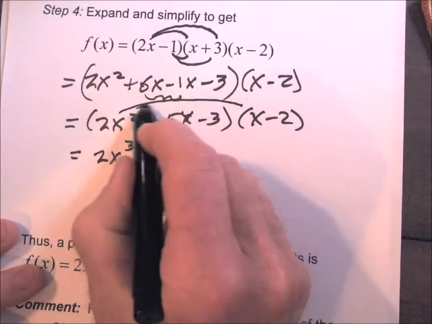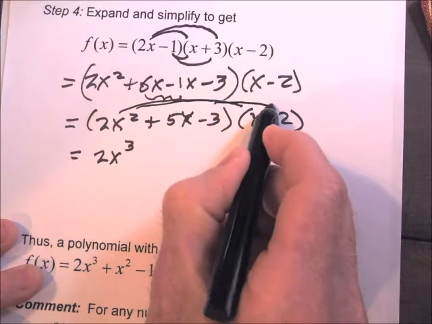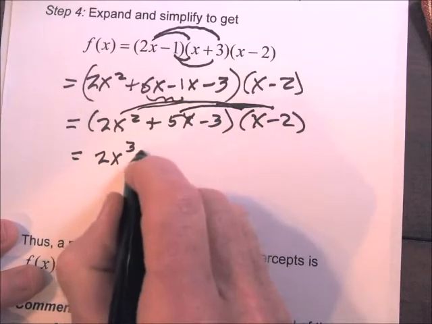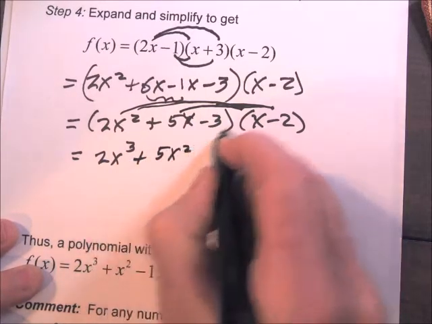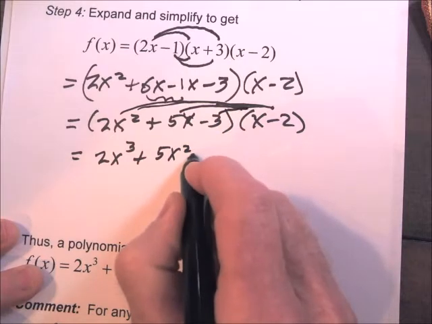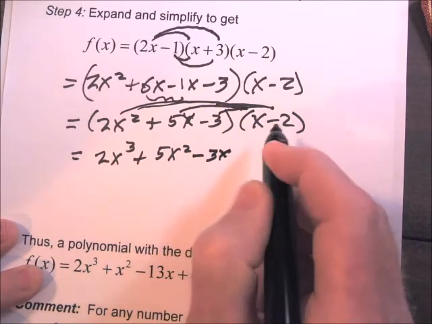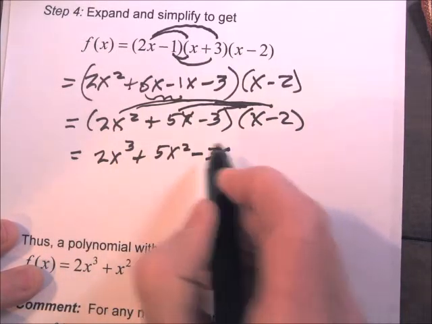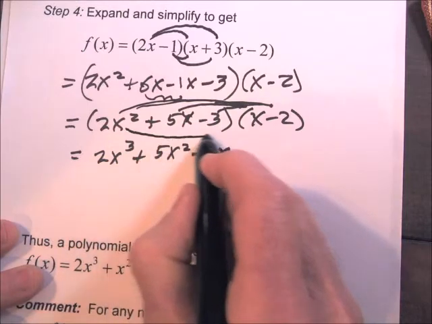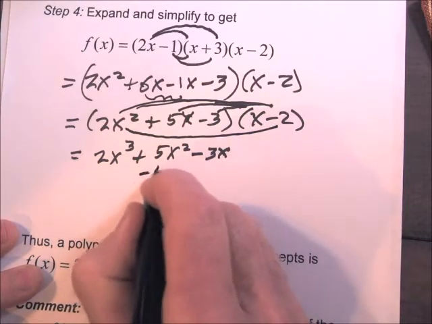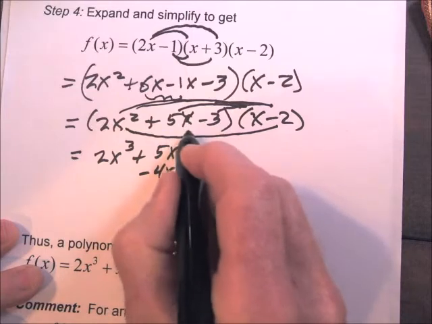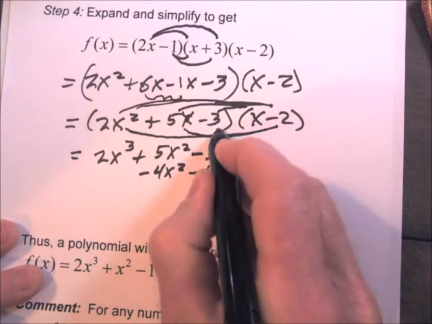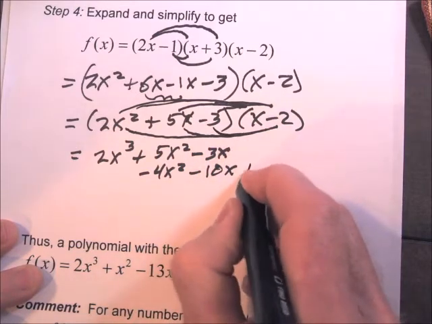Actually, let's do this one next. 5x times x will be plus 5x squared, and then minus 3 times x is minus 3x. And then we want to distribute the negative 2, multiply each term by negative 2. So 2x squared times negative 2 will be negative 4x squared. 5x times negative 2 is negative 10x, and negative 3 times negative 2 is plus 6.